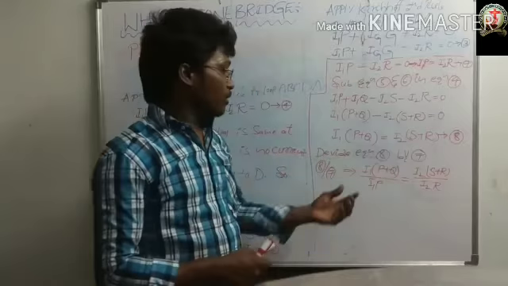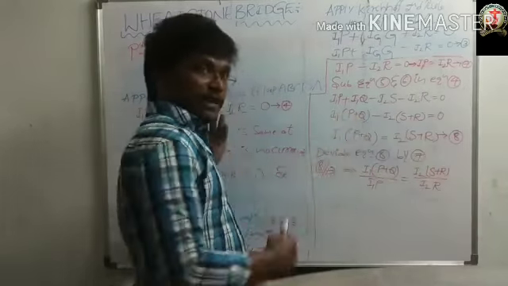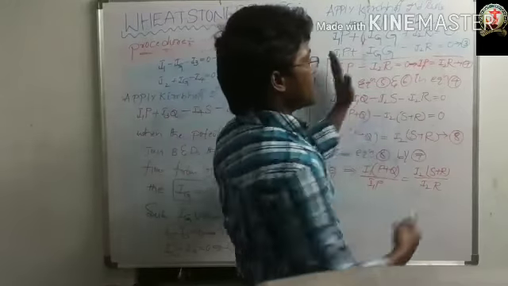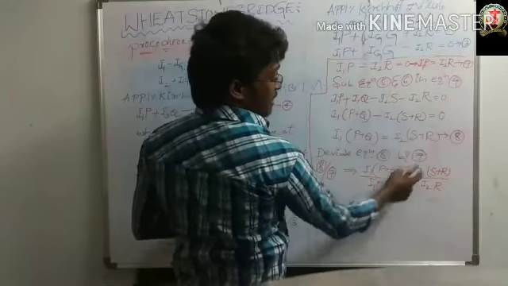Equation 8 has LHS and RHS, LHS means left hand side, RHS means right hand side. Equation 7 also has LHS and RHS. So I wrote LHS by LHS, RHS by RHS.